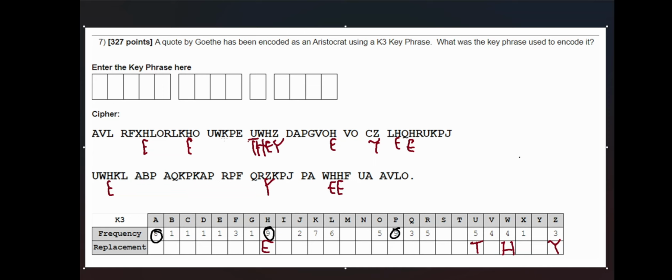So that goes against what we were saying before. But again, we can't use this table to figure out what all the letters are and need to go based on our knowledge. So U is going to be T, we have W to H, U to T right here, and W to H.